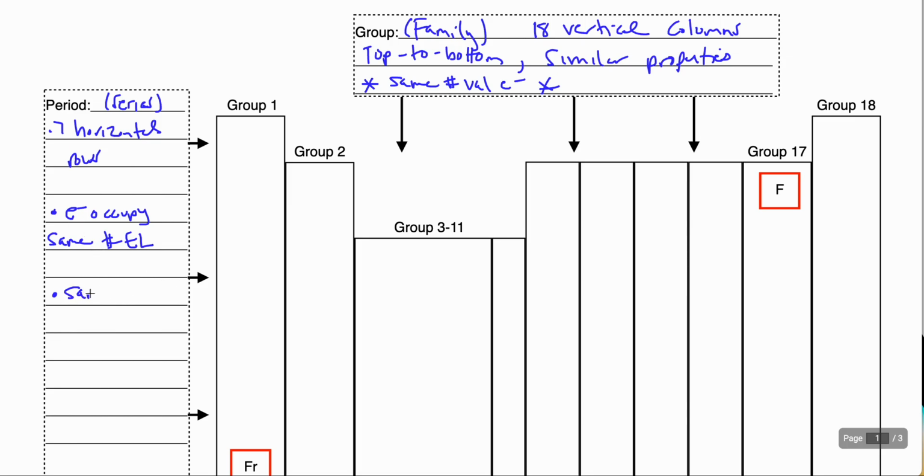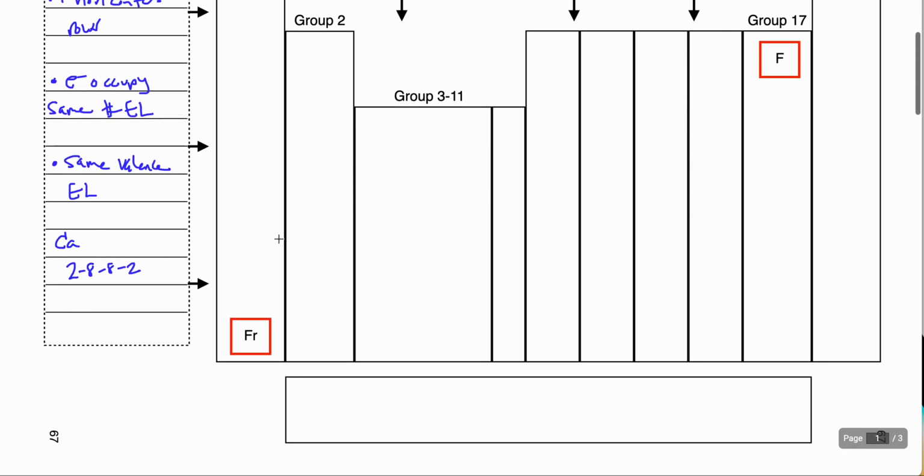So they have the same valence energy level. Calcium is element 20. Calcium's electron configuration is 2-8-8-2. When we take a look at this configuration, the first number represents your number of electrons in energy level 1.